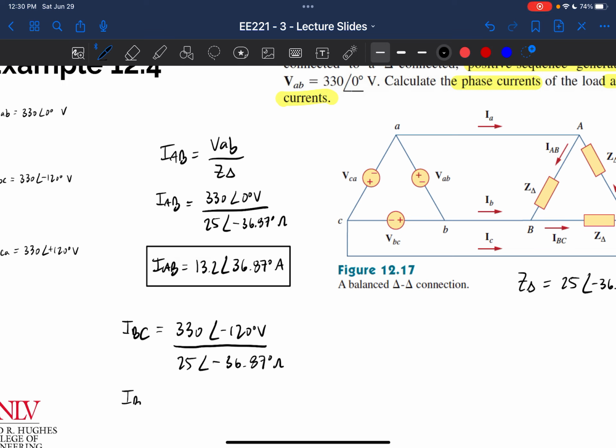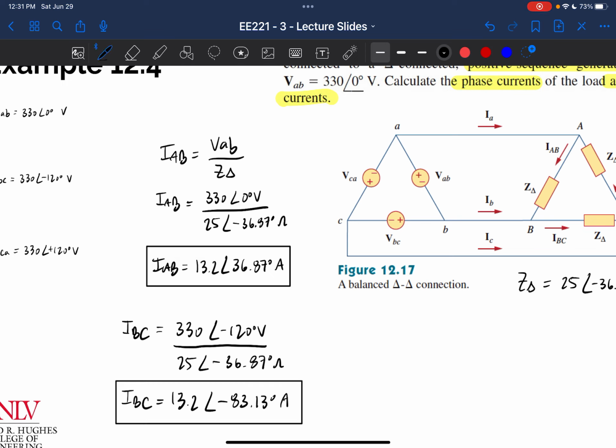IBC is again going to be 13.2, but this time my angle is going to be negative 120 plus 36.87, which gives me negative 83.13 degrees amps.